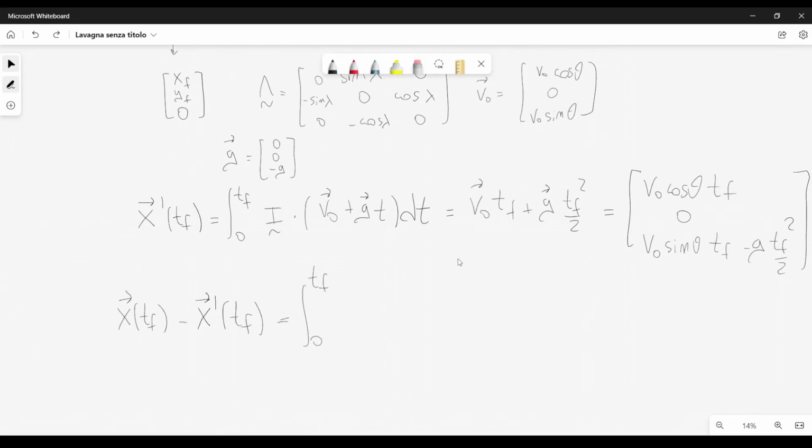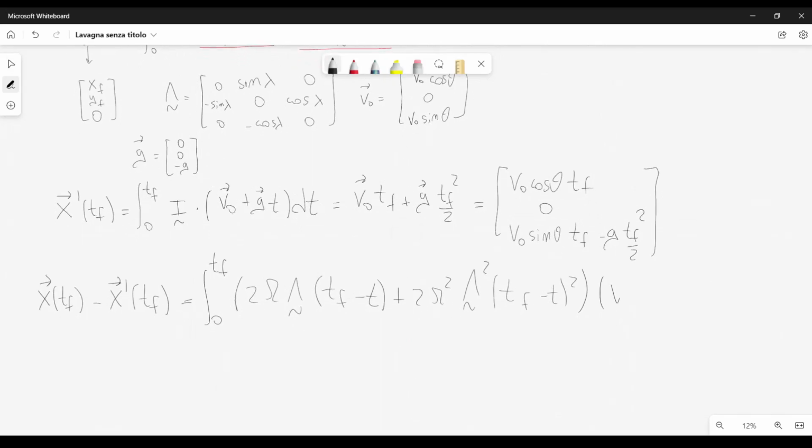So if we subtract x prime tf, we would only find the deviation. That's what we are interested in. We want to find the deviation. So that's why I'm rewriting the problem in this form. And here I have 2 omega lambda tf minus t plus 2 omega squared lambda squared tf minus t squared, and this multiplies v0 plus gt dt.